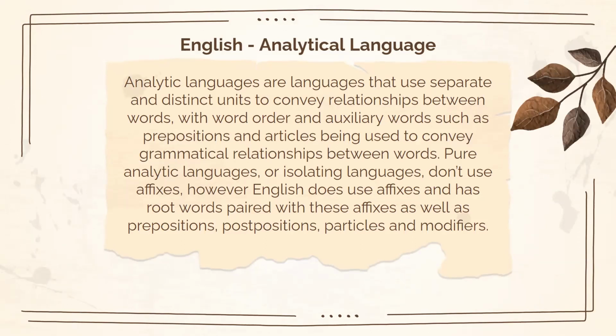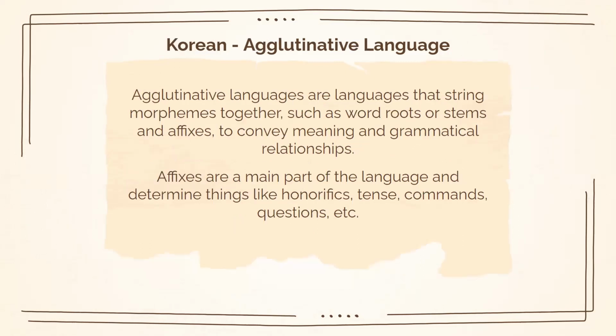Pure analytical languages or isolating languages don't use affixes. However, English does use affixes and has root words paired with these affixes, as well as prepositions, postpositions, particles, and modifiers. This is why I said that English was only moderately analytical and not purely analytical.